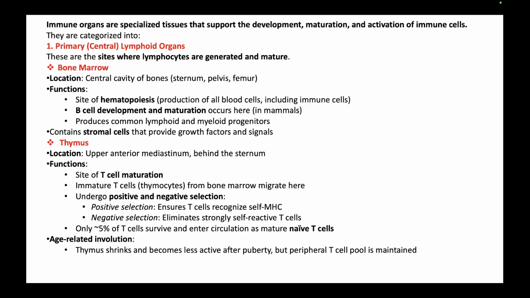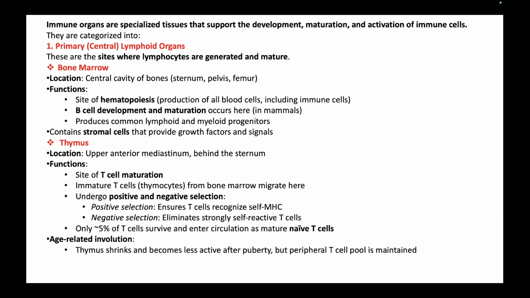In order to be selected to fight a foreign pathogen, the thymocyte needs to learn whether it can recognize the antigen being presented by the MHC of self from our own body. That is the first selection.